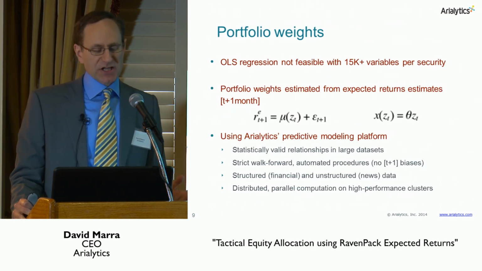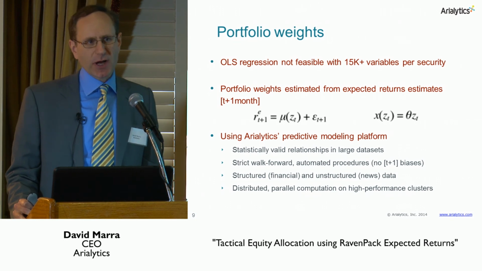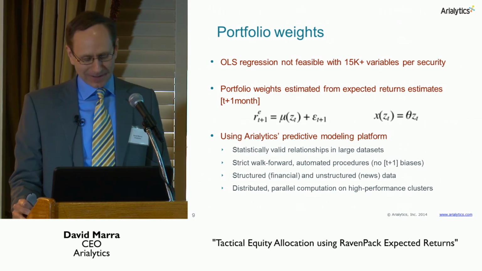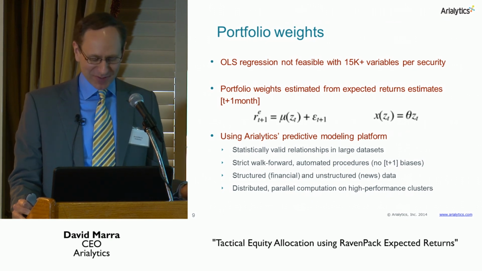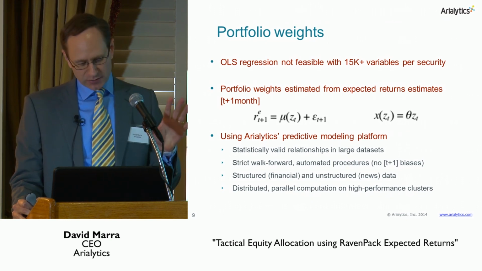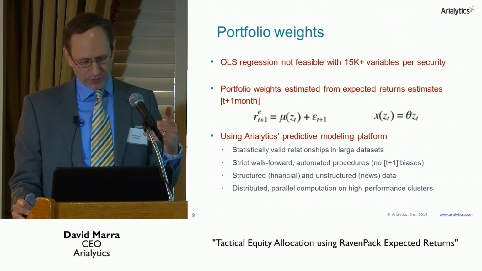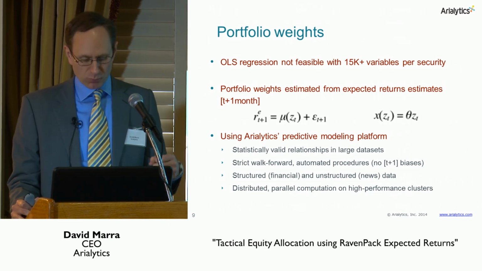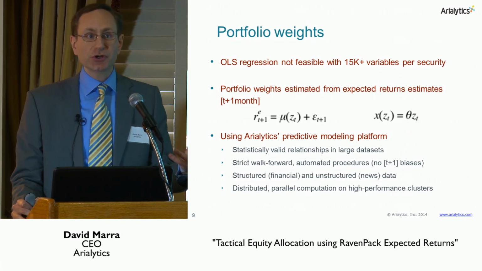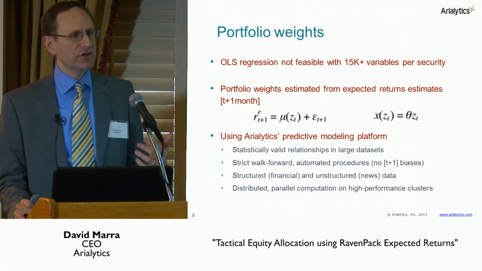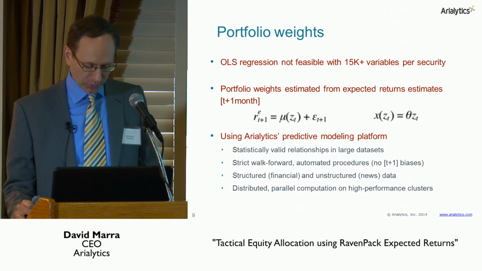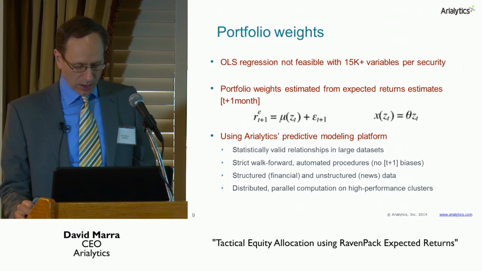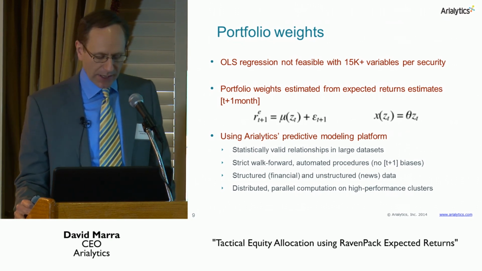So, it's obvious that ordinary least squares regression is not really a good tool when you have 15,000 variables, right? So we've got to do something else. And I just want to keep in mind that what we're creating are expected returns estimates, from which we're going to estimate portfolio weights. We're using our predictive modeling platform, this is what we're all about.